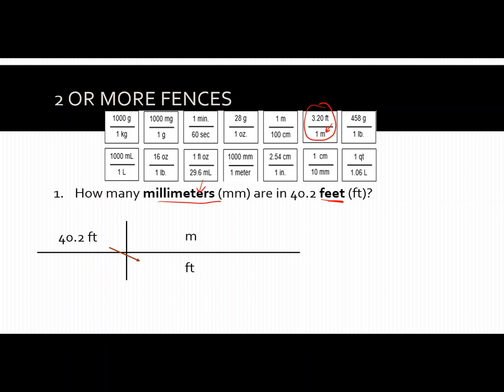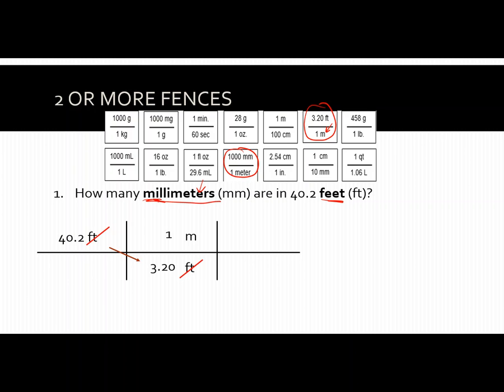So I go from feet to meters. I put the 3.28 on the bottom and the 1 on the top next to the meters. But I'm not done yet because ultimately I want millimeters. And I do have this card right here that shows me 1 meter equals 1,000 millimeters, although technically you should just know that one because it's one of those metric prefix ones. So the feet cancel, but I have to keep going.